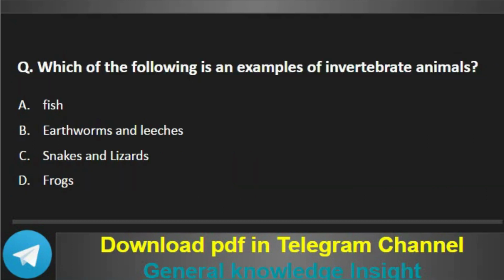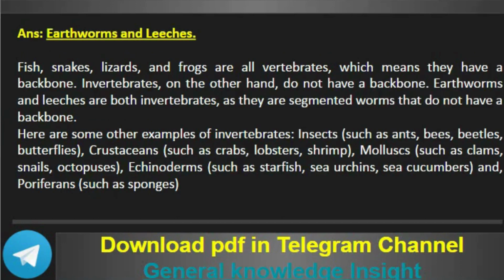Next question, which of the following is an example of invertebrate animals? Here the correct answer is option B, earthworms and leeches. Here, fish, snakes, lizards, and frogs are all vertebrates, which means they have a backbone. Invertebrates, on the other hand, do not have a backbone. Earthworms and leeches are both invertebrates, as they are segmented worms that do not have a backbone.